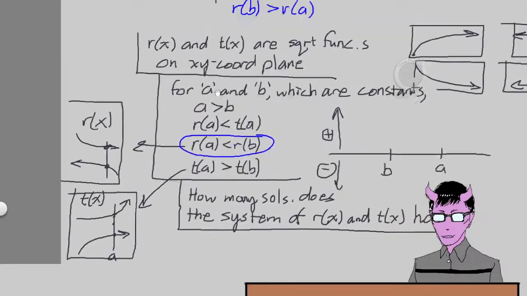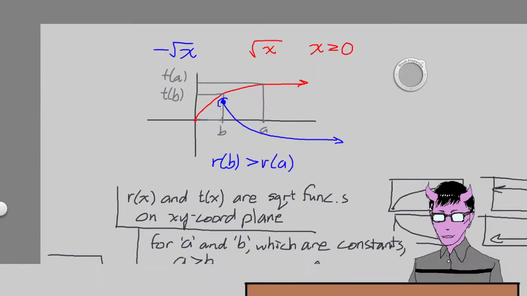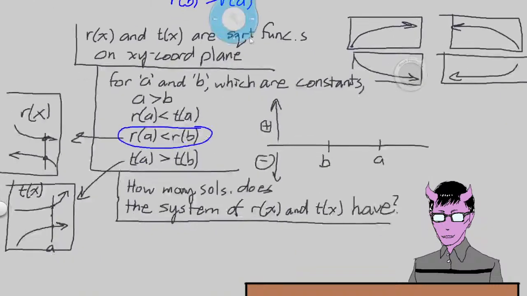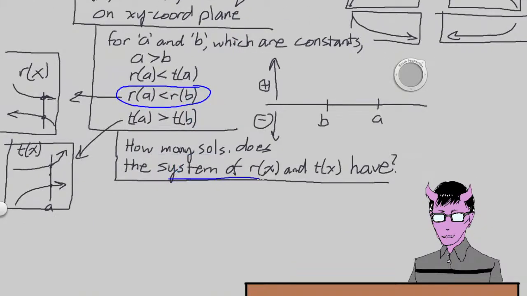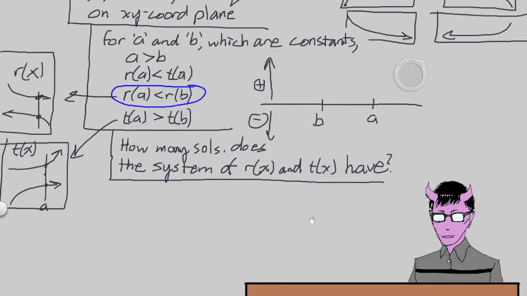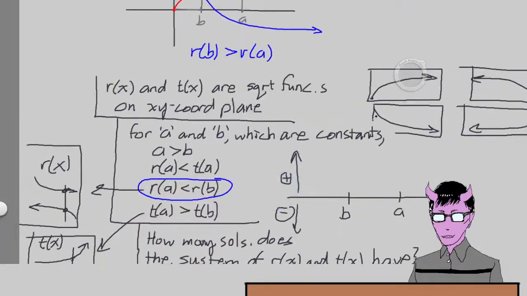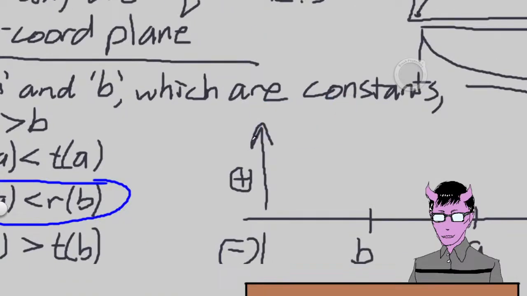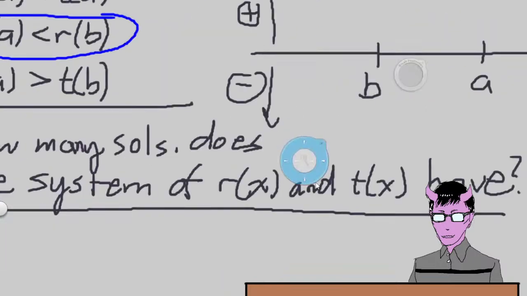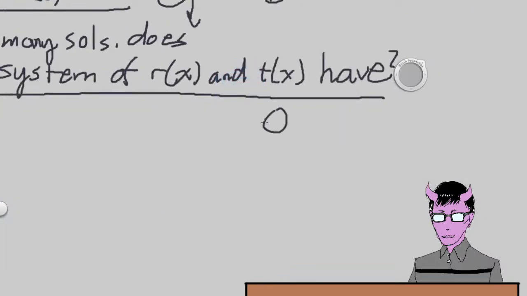But you can see that we've deliberately created a situation where they don't intersect right here. So how many solutions does the system of r of x and t of x have, given these pieces of information? I don't think they're guaranteed any solutions. So thus, we can say 0. We're not guaranteed any solutions.